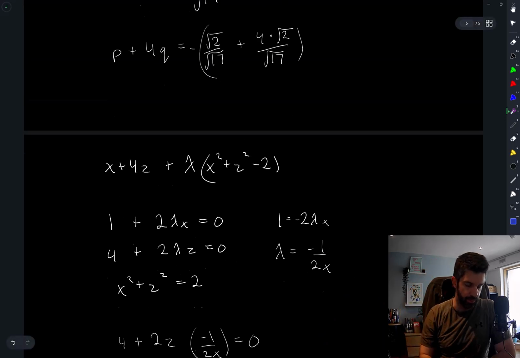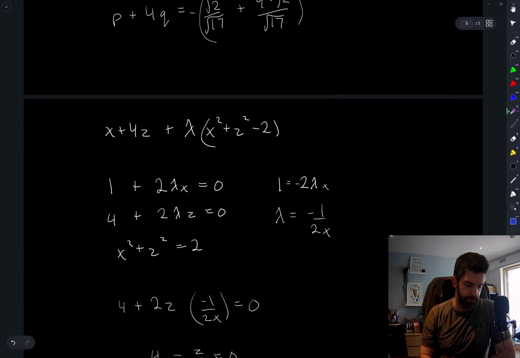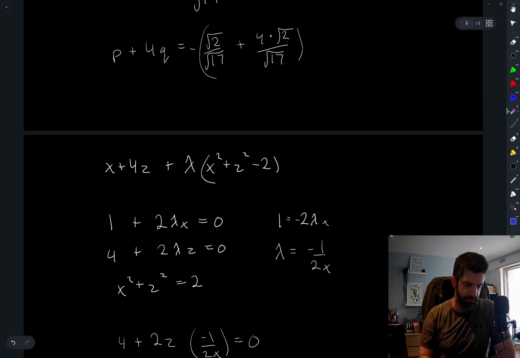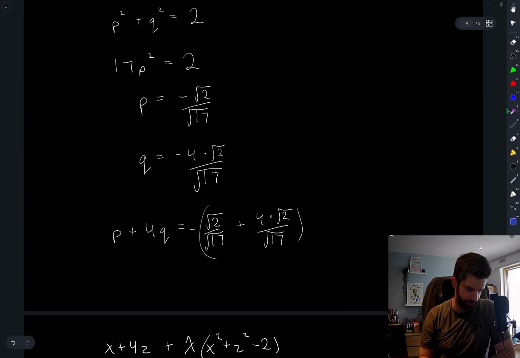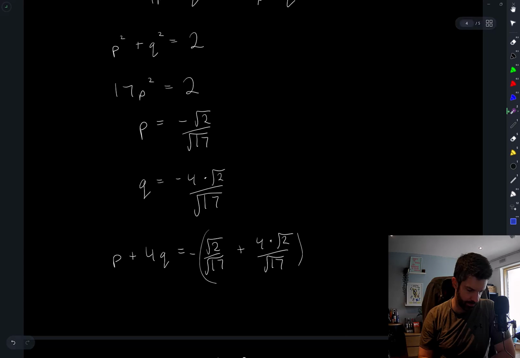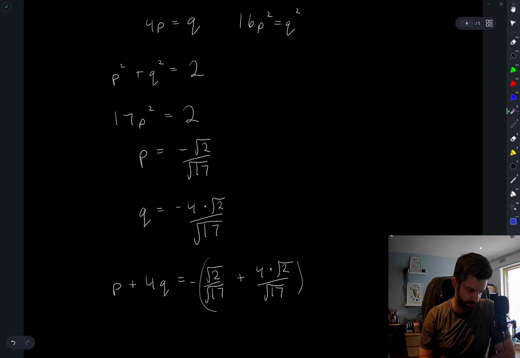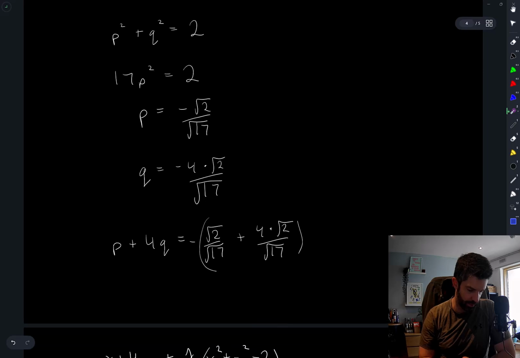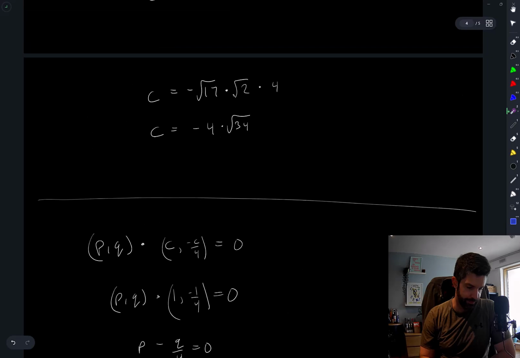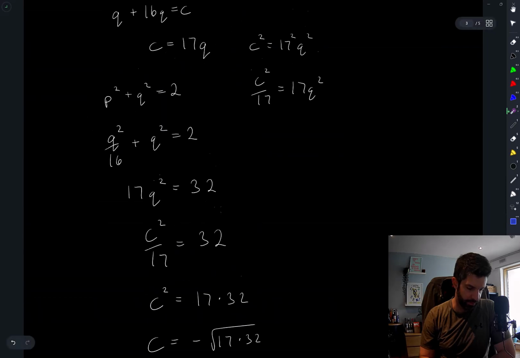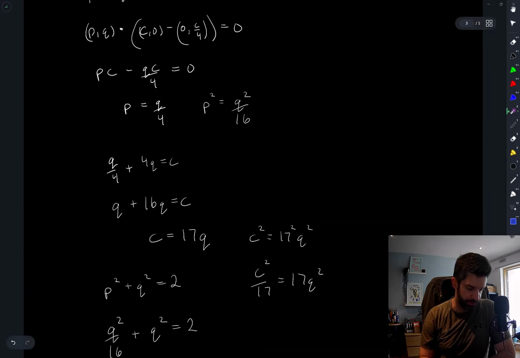Well, here, I did that wrong, right? I just said that's Q, but it should be 4Q. I don't know what I did wrong up here. Probably something along the same lines.